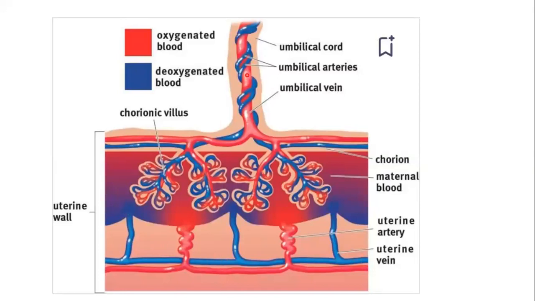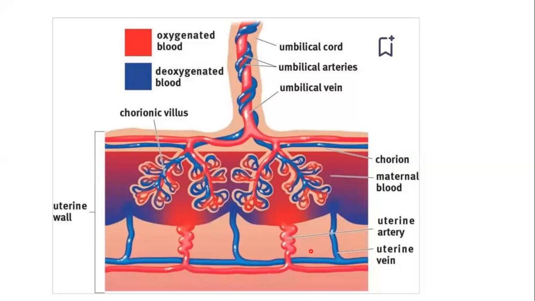The red one on the fetal side is the umbilical vein that will take away the blood from the placenta, and the blue one is the umbilical artery that will bring blood to the placenta from the fetal side. Then on the maternal side, the usual color of the arteries and veins that we know remains the same.